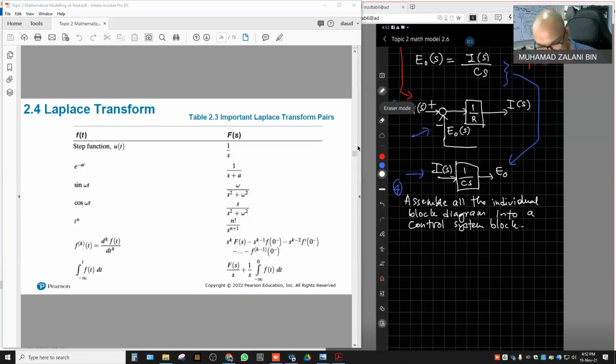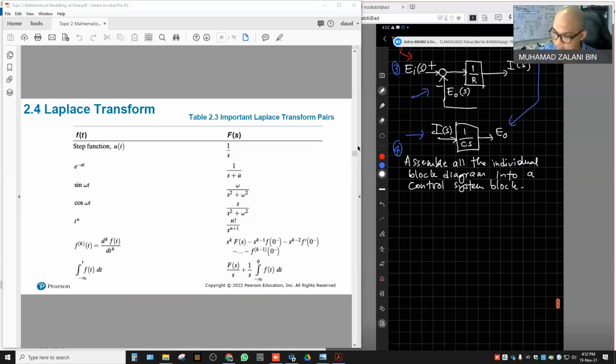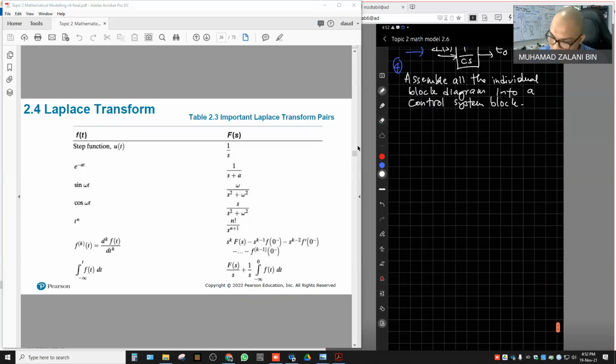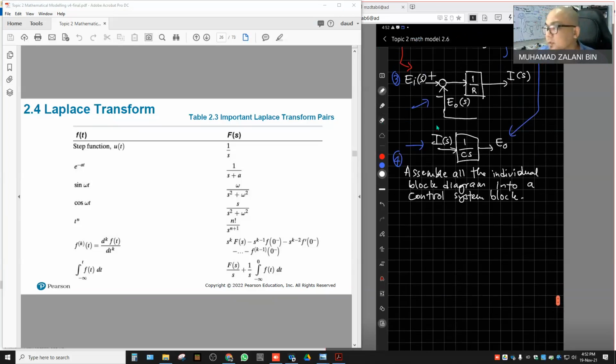So when we combine those two individual blocks into one control block diagram, how does it look like? Just simply you redraw this. We should start with the input E_i(s) as the input. Let's say this is input E_i(s). So the input we have there, and then the summing point to the 1 over R block.